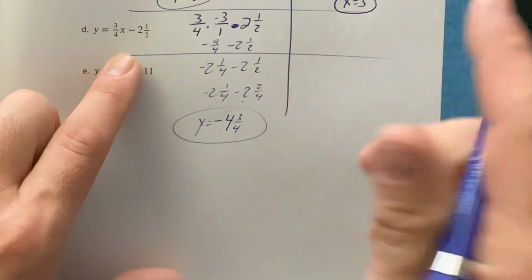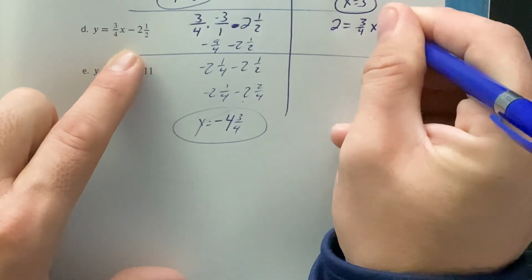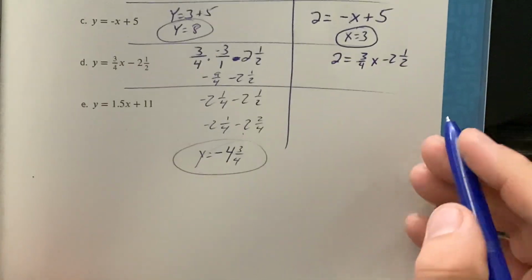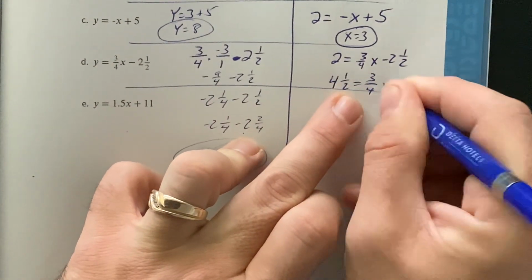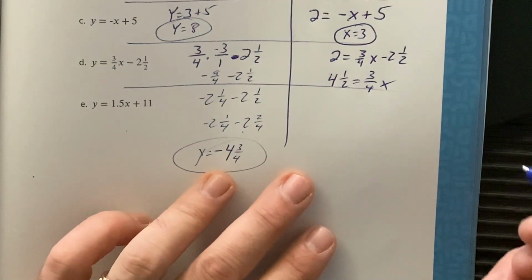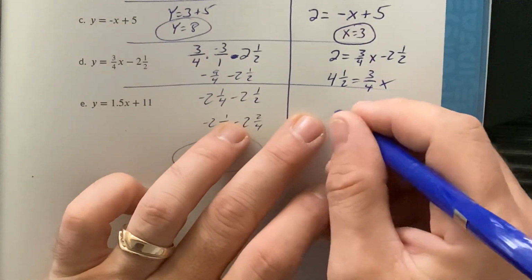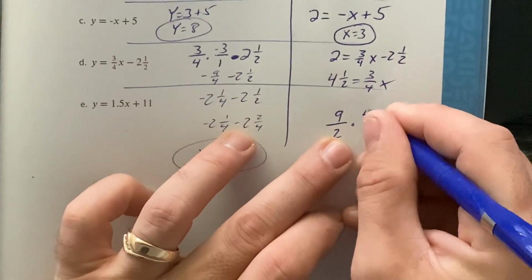Second part of that, y is 2. So I need to get x by itself, so I'm going to add 2.5 to both sides. And then I got to multiply by the reciprocal of 3/4. So I'm going to make this improper. That'll be 9/2 times the reciprocal of that.